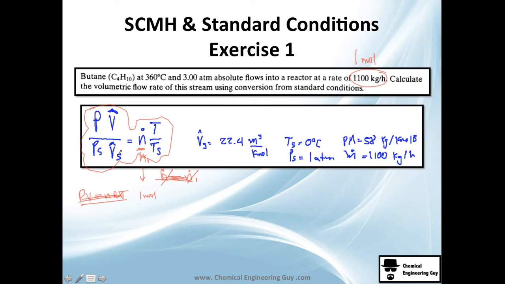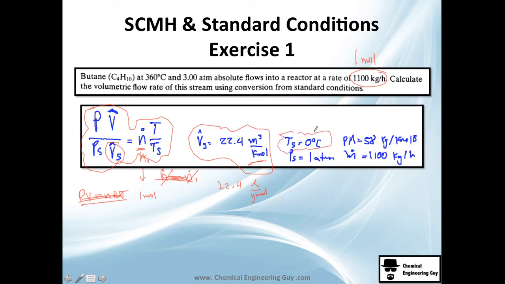First thing, standard volume, it's 22.4 cubic meters per kilomole. Or, don't get confused, 22.4 liters per mole, gram mole. So I will choose cubic meters and kilomole because I think it's easier. Now the standard temperature, yeah, I was right.